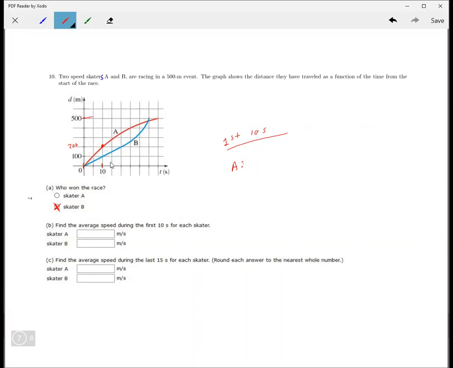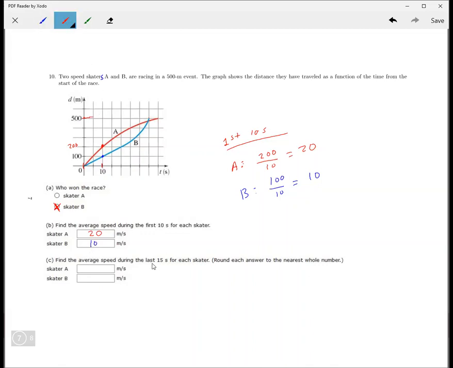So they covered 200 meters in 10 seconds. So that's 20 meters per second. Skater B only covered 100 meters in the first 10 seconds, so that's 10.